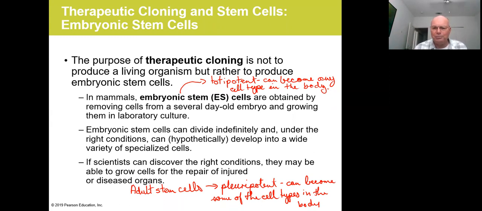Now, we have a reasonable understanding of how to get stem cells to develop into different types of cells. It's all about exposure to different types of signaling molecules. And as we learn more about the role of the Hox genes, we are learning more about what signaling molecules are essential for taking stem cells in different directions. Basically, if you're thinking about the 220 different types of cells in your body, it's kind of like a tree with many, many branches.